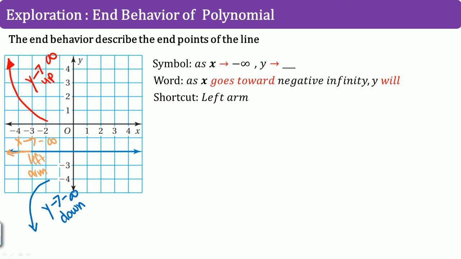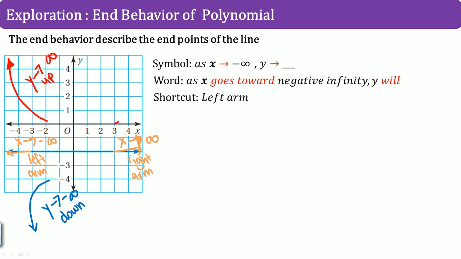Likewise, you can take a look at the right arm. This is the right arm of the graph. This is when x is approaching 1, 2, 3, 4, all the way to positive infinity. As it goes to positive infinity, two things can happen.